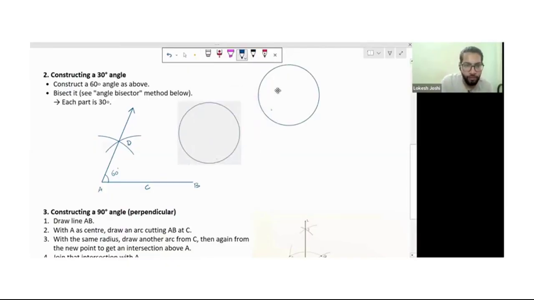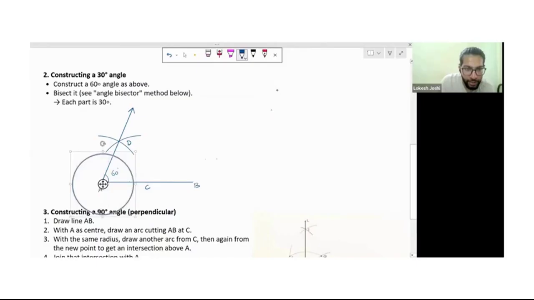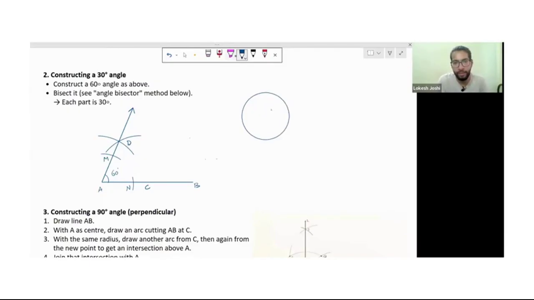With the center at A, I have to draw arcs at the line AD and this one. They will look like this. Suppose these two points are M and N. Now using M and N, I have to draw arcs of the same radius.